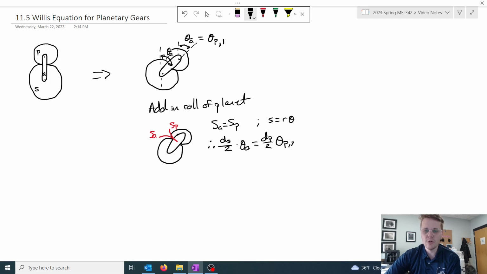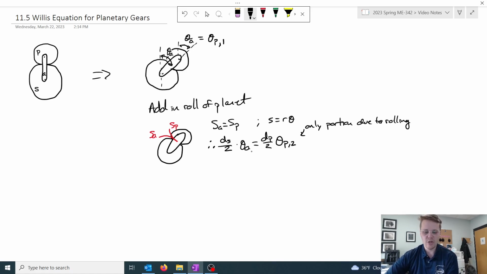Now I'm going to denote a number 2 here because we're only talking about the portion of the motion due to rolling. So again, we're only talking about a small portion or a piece of the rotation of the planet. So we don't want to say that we're covering all of that just yet.